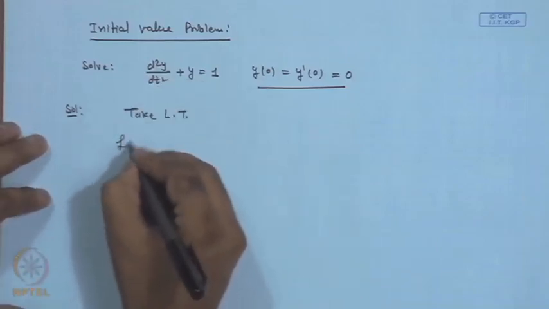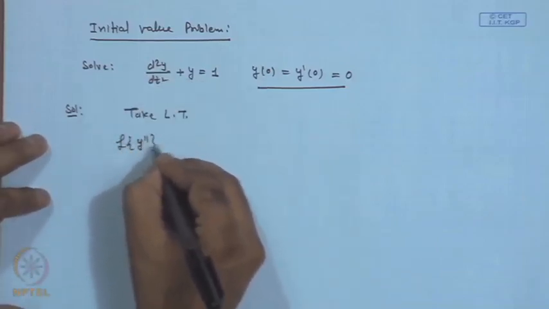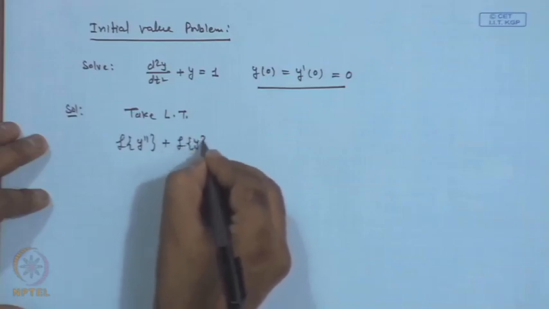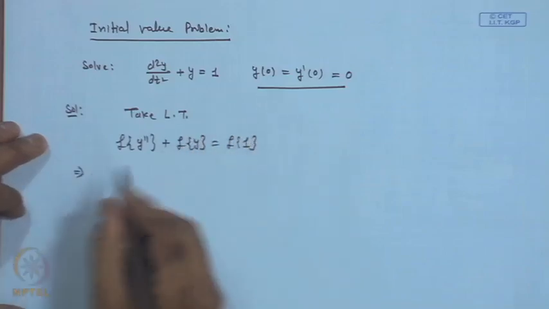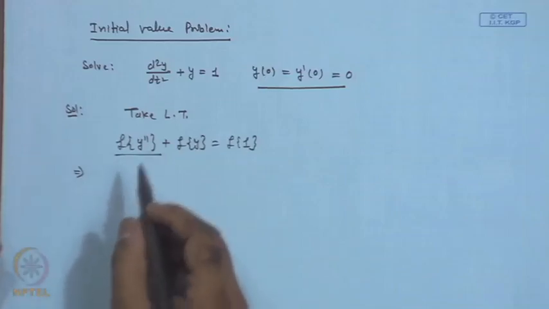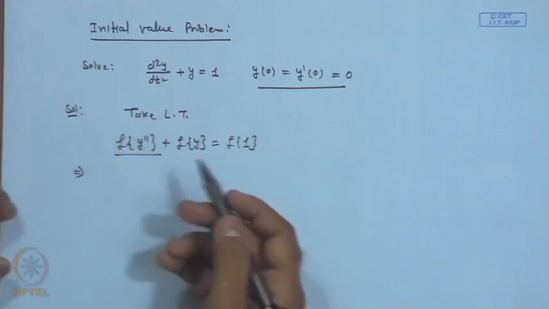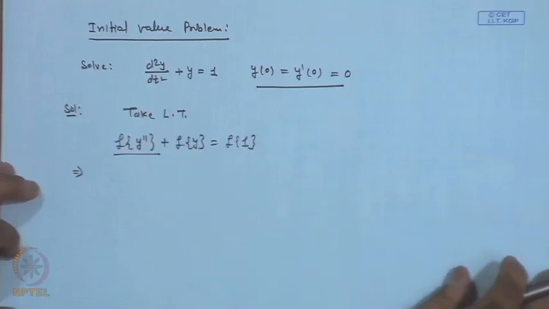So, we have here the Laplace transform of y double prime plus the Laplace transform of y and the Laplace transform of 1. So, by the derivative theorem, and that is the point that we can use for this initial value problem.